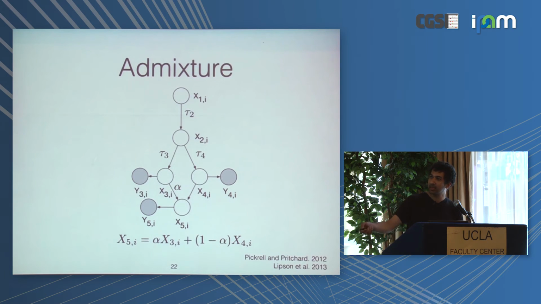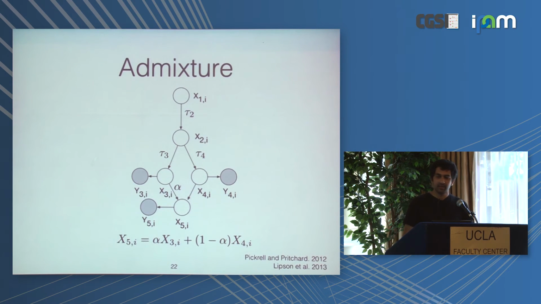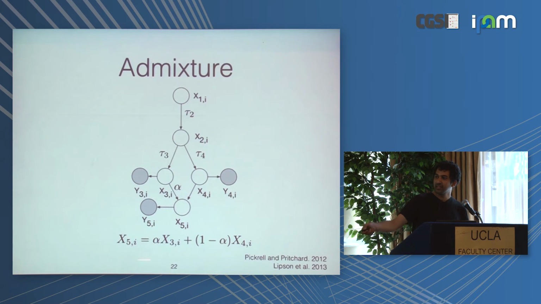So here is this model with a new population, population 5, which is obtained as an admixture of populations 3 and 4. From the point of view of the evolutionary process, the allele frequency at 5 is obtained by taking the frequencies at 3 and 4 and combining them according to the admixture proportions alpha and 1 minus alpha.